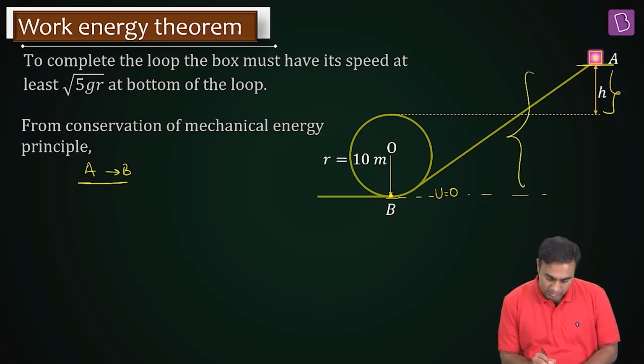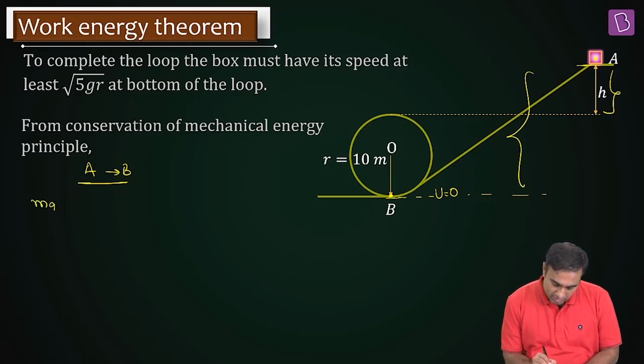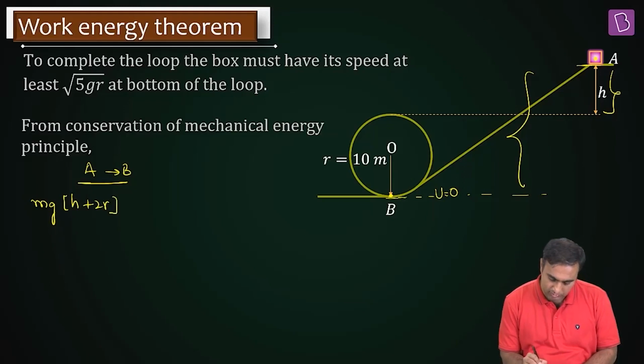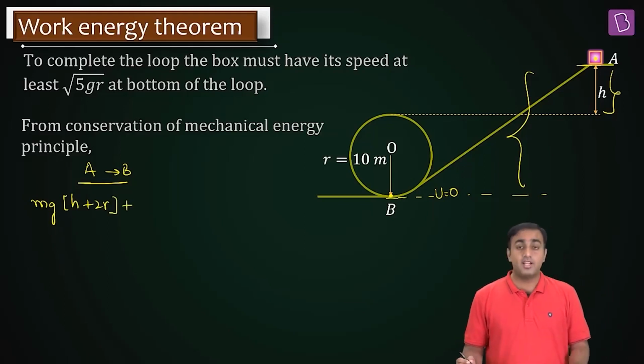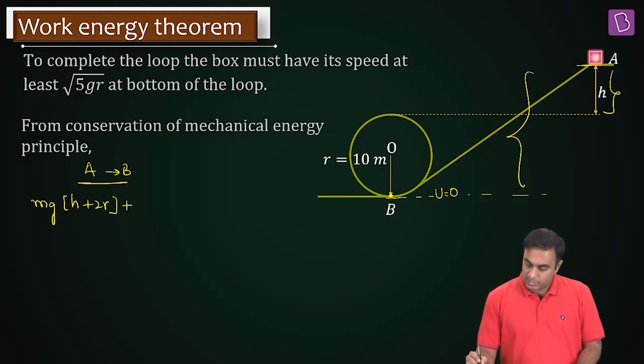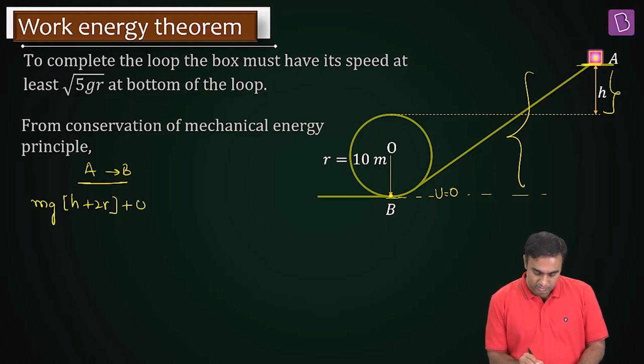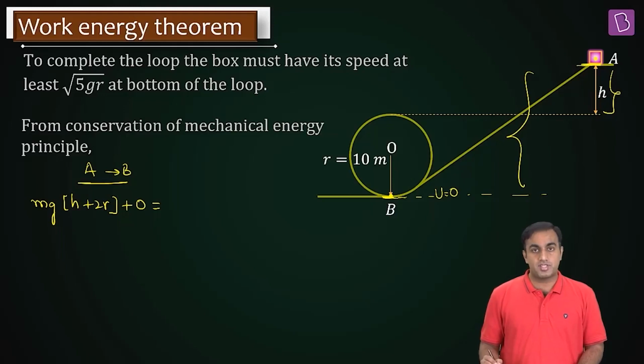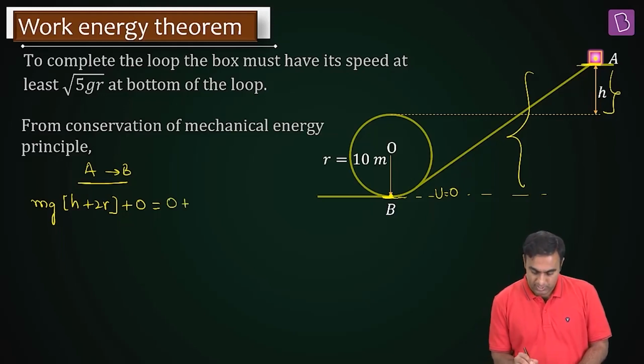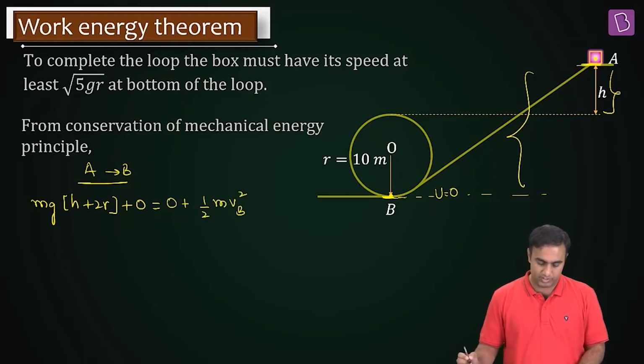So what's the gravitational potential energy? mg into h plus 2r for the block. What's the kinetic energy? It is at rest in the beginning, so 0. Now at B, the gravitational potential energy is 0 and the kinetic energy is half m vb square.